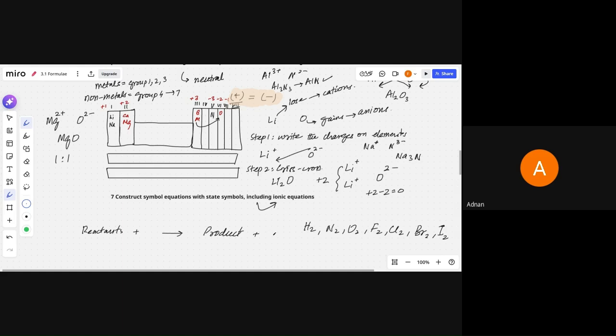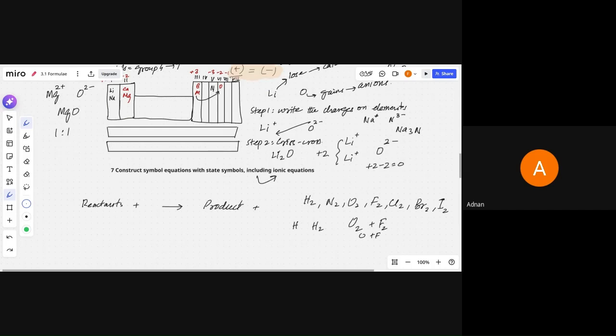If their names appear, you must write these formulas. If the equation says hydrogen reacts, you will not write H, but H2. Remember that. If the statement says that oxygen reacts with fluorine, for example, it will be O2 and F2 reacting with each other instead of O and F, and that would be incorrect.